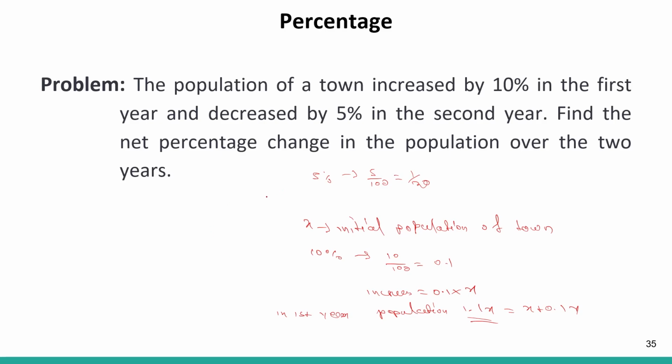That is, at the start of second year we had 1.1x. So 5% of 1.1x is this much into 1 by 20. So this is nothing but 11 by 10x into 1 by 20, which is 11 by 200 x.